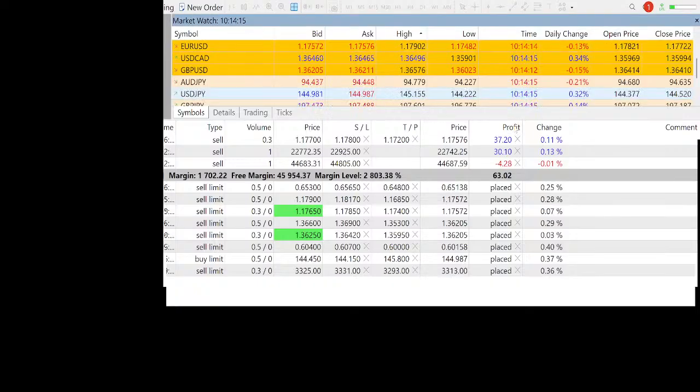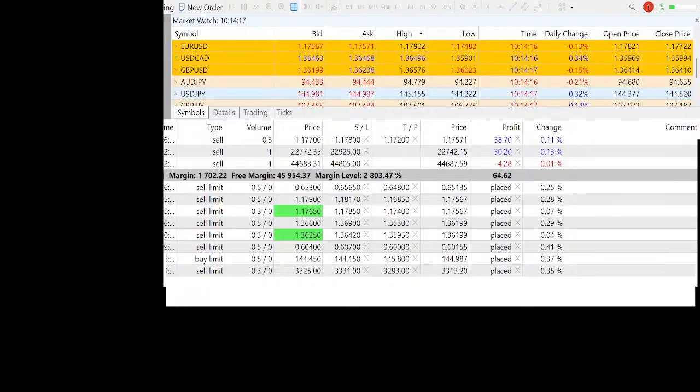Dollar yen, buying at 80, stop at 65, TP 45.20, and the expiry is also about 1.5 hours.